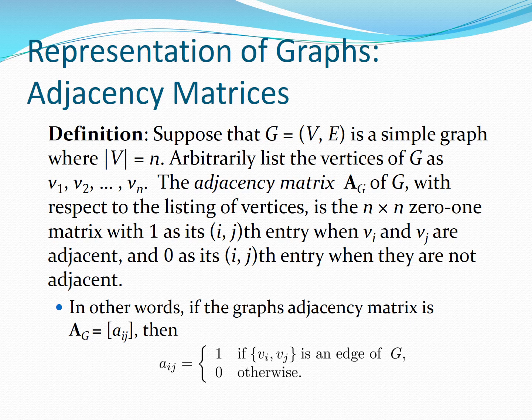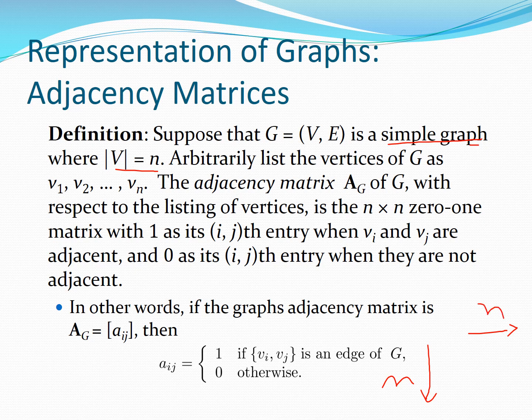Let's first see how to represent a simple graph before going on to multiple edges and so on. So let's say you have a graph G and it's a simple graph. That's what is given to you. And the number of vertices in the graph is n. Then you are going to end up with an n by n matrix, with n rows and n columns.